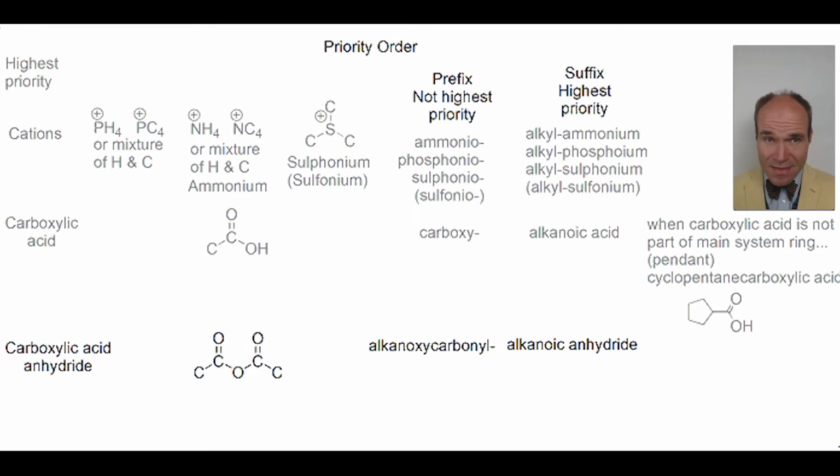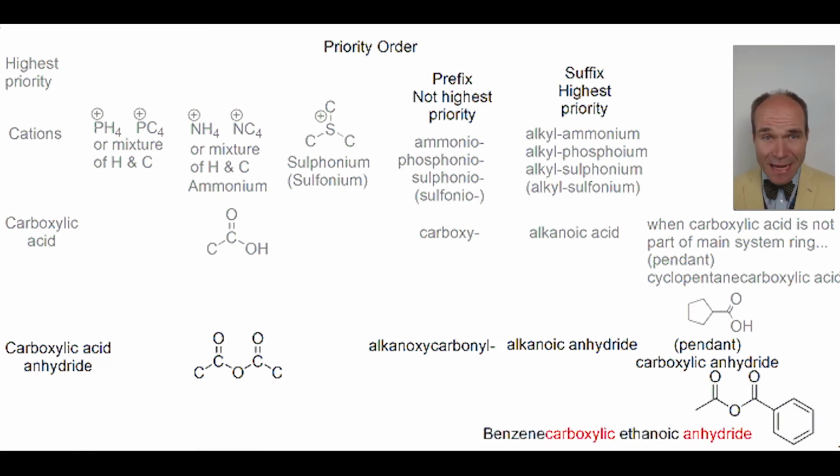So that may be methan, ethan, propan, butan, etc. If the carboxylic acid anhydride isn't part of your ring main system, so it's pendant, then it's going to be called carboxylic anhydride. An example has the anhydride pendant to the parent benzene. So this is benzene carboxylic ethanoic anhydride.